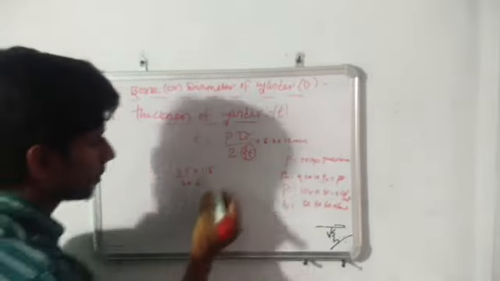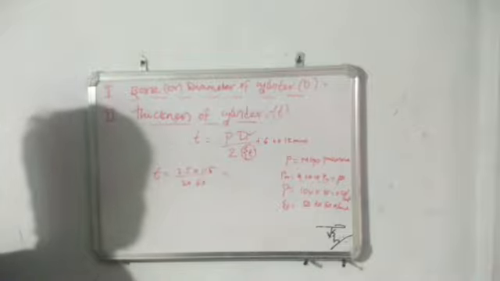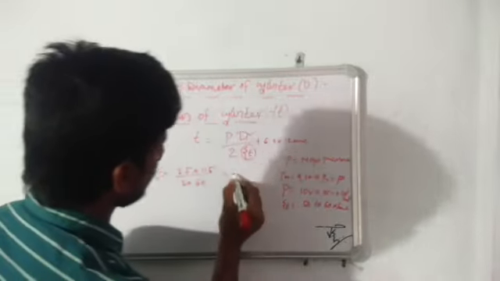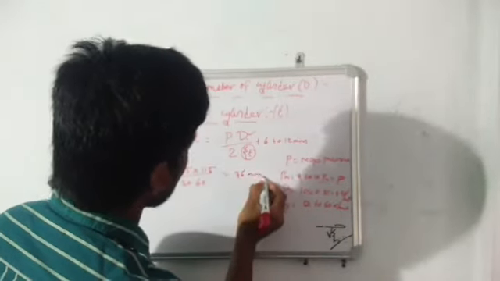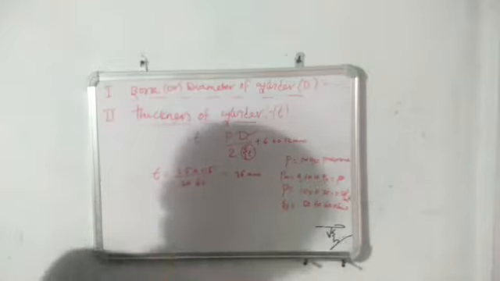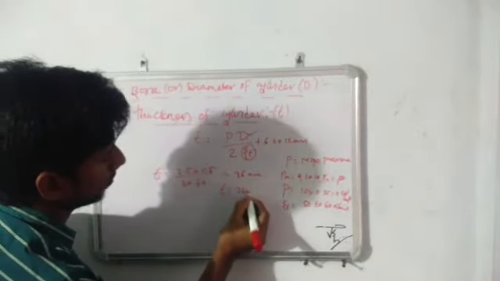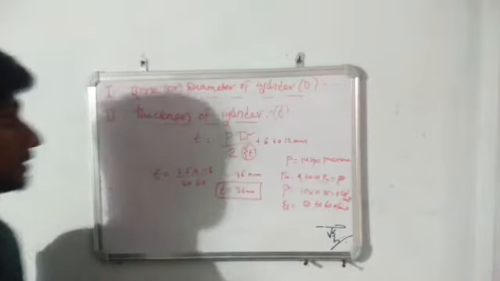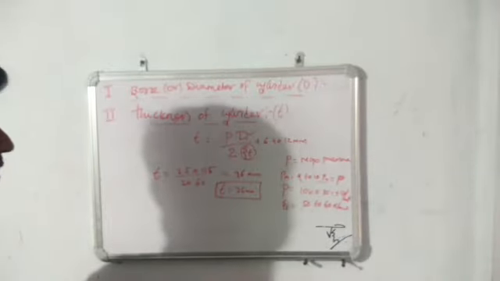By simplifying this, we get the thickness of the cylinder, approximately 36 mm. So this is the thickness of cylinder. This is the second step in design of engine cylinder. So go to the next step.